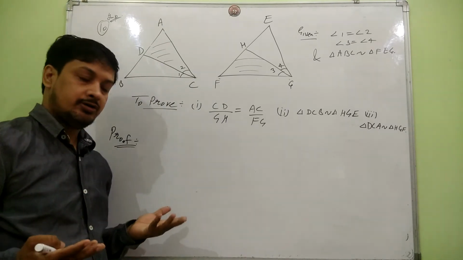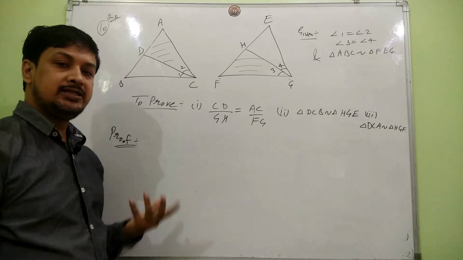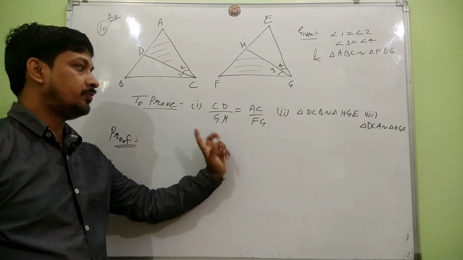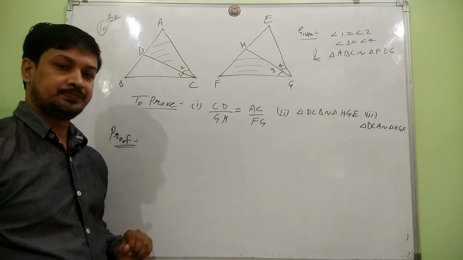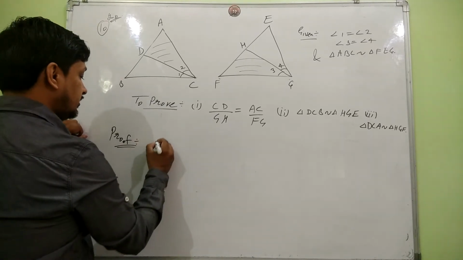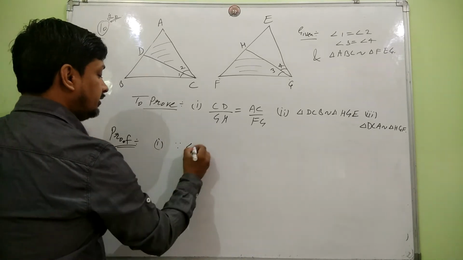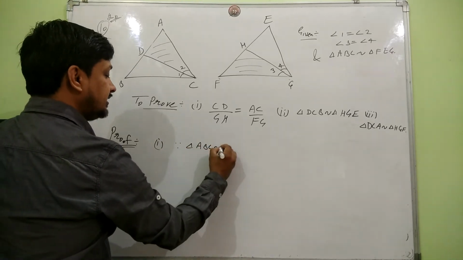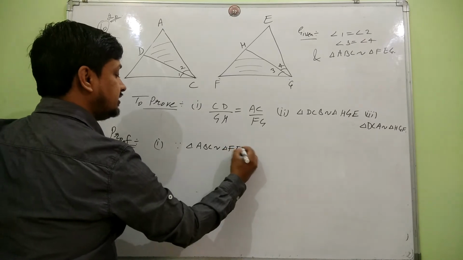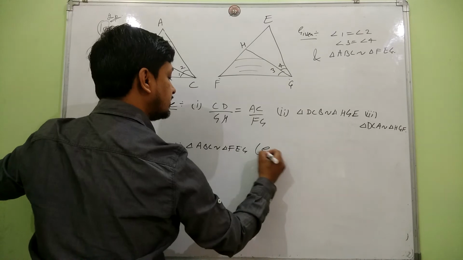If we prove these triangles to be similar, we can easily say the result by CPST property. So this is our aim, to prove these triangles similar. For the first part, triangle ABC is similar to triangle FEG. This whole triangle is similar to this one, it is given to us.